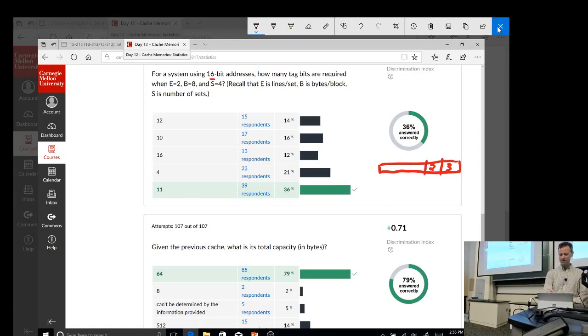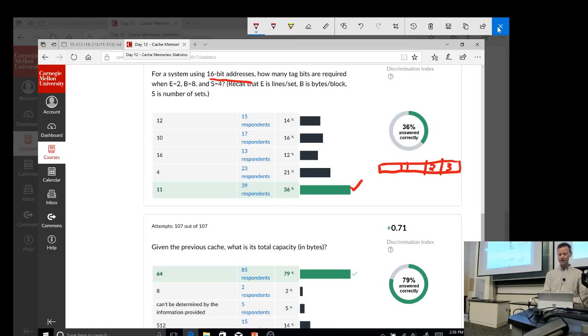And so with a 16-bit address, that leaves 16 minus 5, 11 bits left. Questions on that? Okay, so this is the correct answer here. Most people got it; it was the favorite answer.